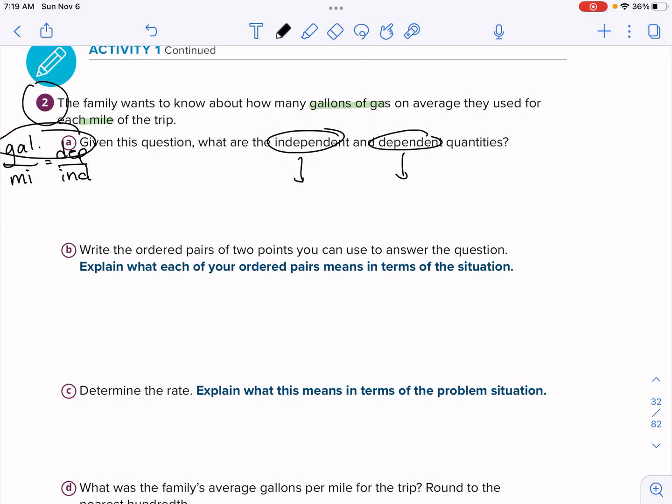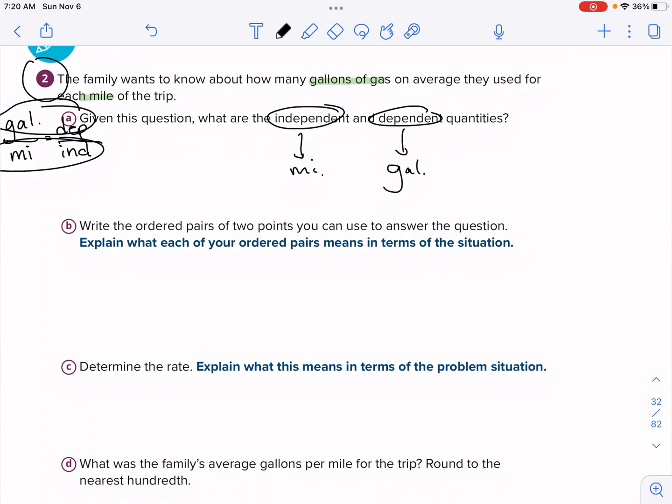Dependent is gallons, and independent is miles. So it's saying every 1 mile, how many gallons of gasoline do we use? If you know that, let's say your car can travel 400 miles, how many gallons will be used in that 400 miles? So let's write an ordered pair for this.